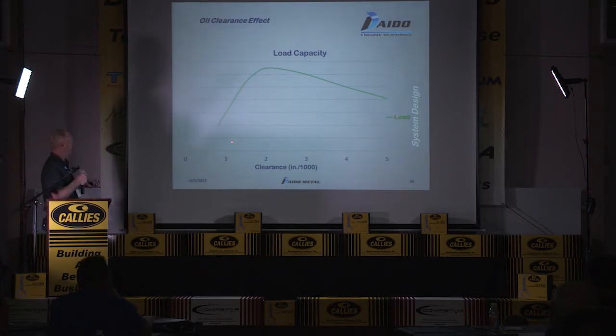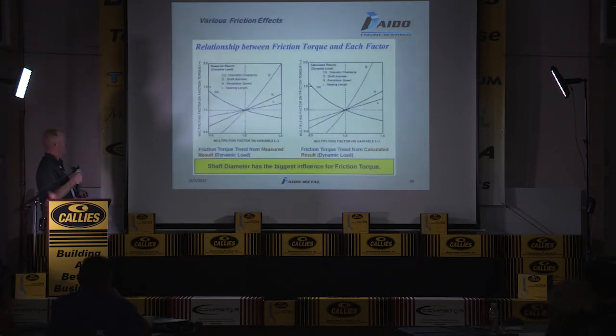Load capacity. As you approach higher and higher clearances, the load capacity will start to decrease, as I mentioned with that pressure profile. As it starts to narrow, it increases the load on the bearing and obviously is going to shorten the life. And this is a complicated graph on friction torque and each factor considered.